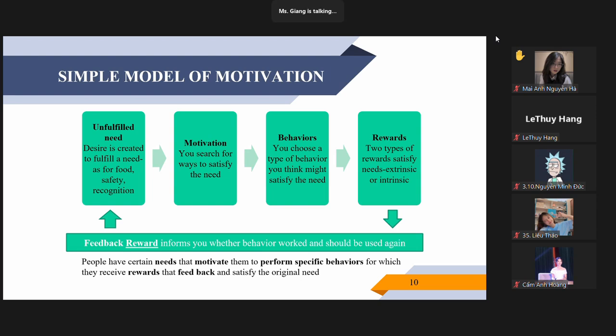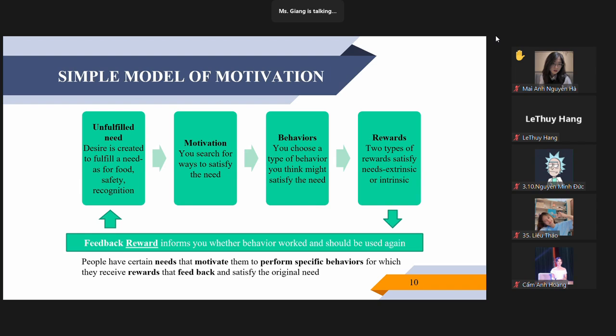That motivation urged me to search for ways to satisfy the need. And I will have the behavior. In order to have the behavior, I should evaluate different alternatives in order to satisfy the unfulfilled need. For example, I will think that I'm hungry now, I should drink in order to fill my stomach.